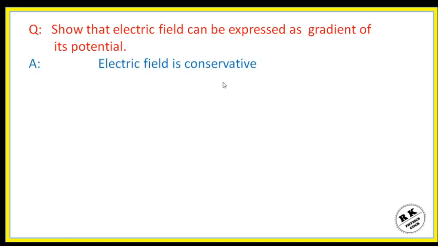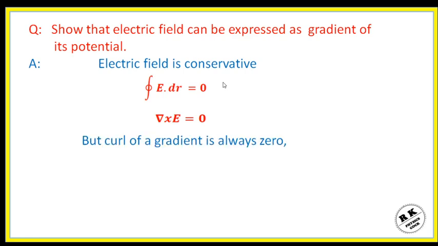From our topic, the electric field is conservative, so it can be written as closed line integral of E dot dr is equal to 0. If we apply Stokes theorem, it becomes del cross E is equal to 0. We know from vector calculus that the curl of gradient is always 0.